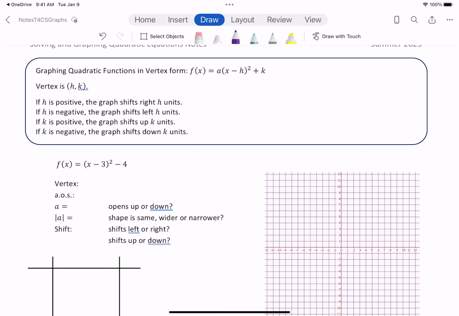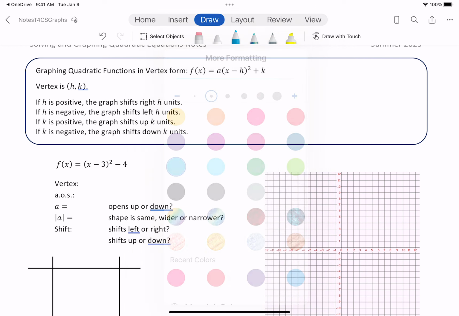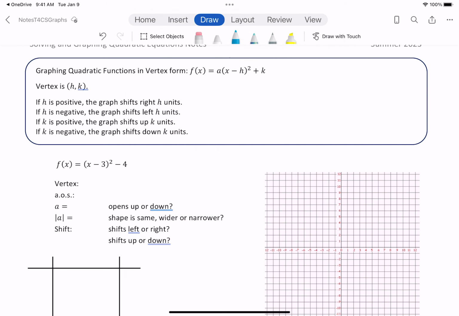So basically what's happening is, remember I said before that the vertex occurs where the x term is 0. Well, this is my x term. It's not just x squared this time. It's x minus h squared. So if I take x minus h and set it equal to 0, I get x equal to h.